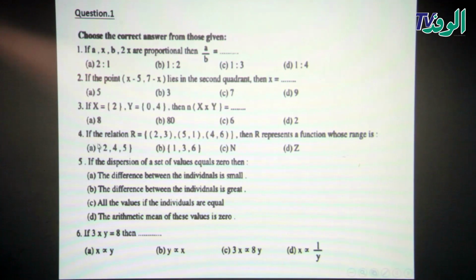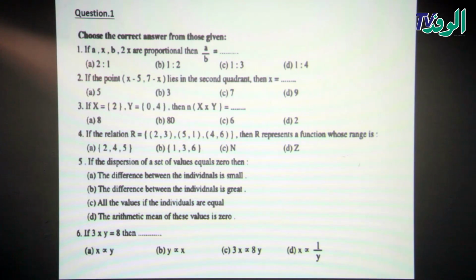Number 4. If the relation R has 2 3 5 1 4 6 and represents a function whose range is... He wants the range. What is the definition of range? The set of images, meaning the set of y coordinates: 3, 1, 6. So the set has 3, 1, 6.